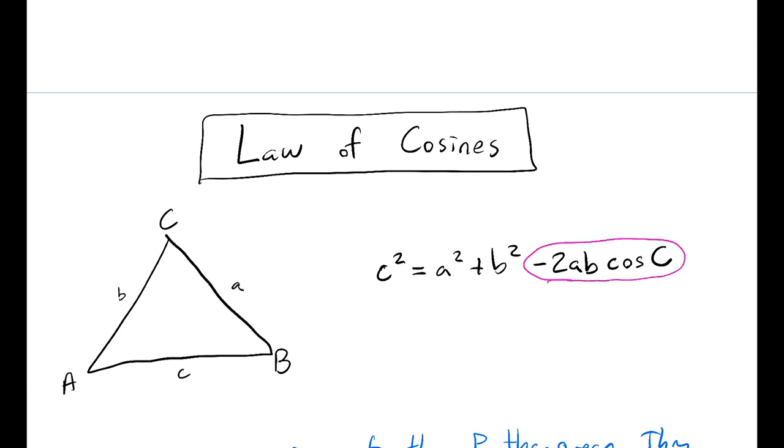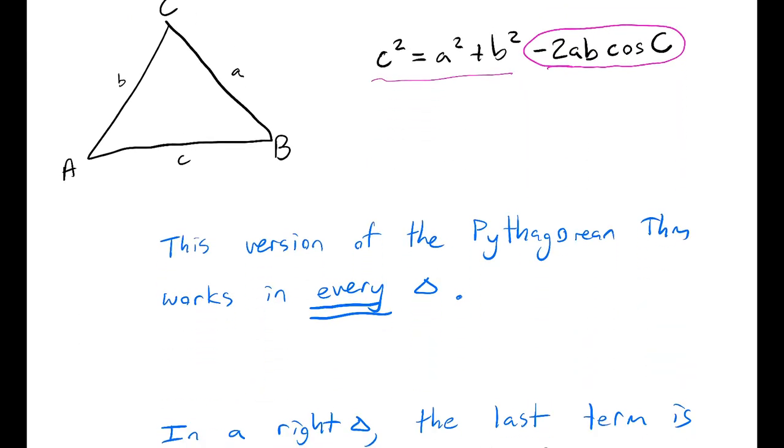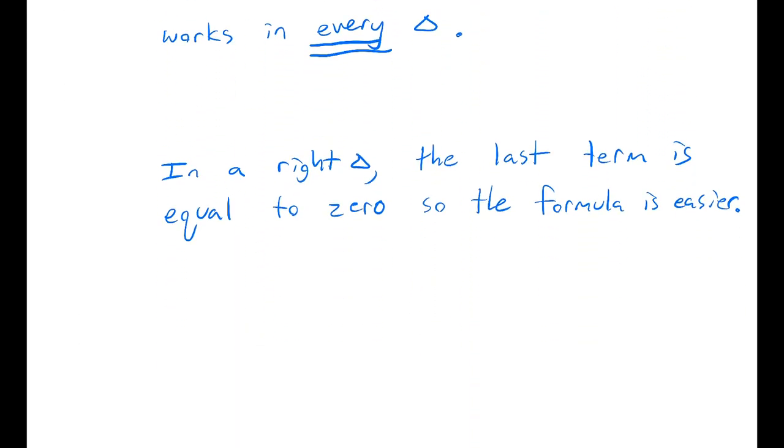So in a right triangle, this formula is a lot easier. This term goes away and we just have the classic a squared plus b squared equals c squared. However, if the angle is 60 degrees or 1 degree or 100 degrees, we could still use this formula. We're going to derive it in just a second. Okay, it works in every single triangle.